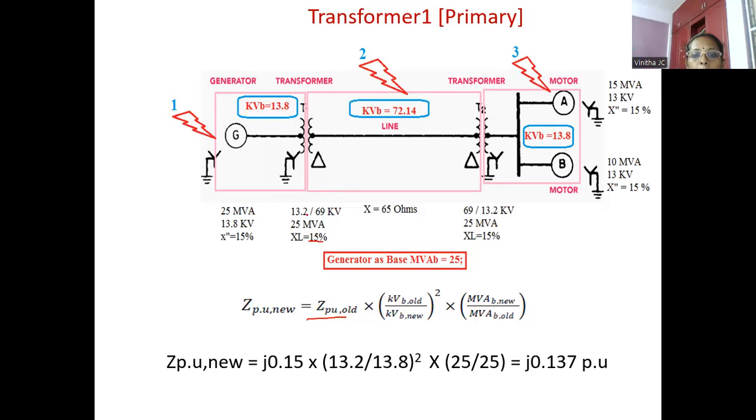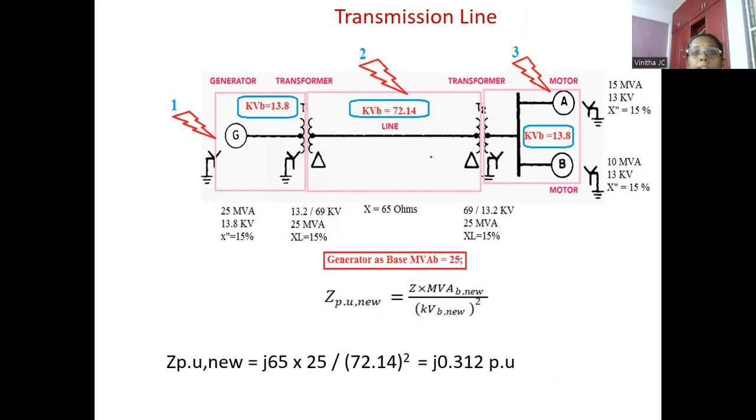So kVB old is 13.2 and kVB new is 13.8, the whole square, into MVAB new, which is 25, and for the transformer MVAB old is 25. If we simplify this, we will get the answer as j0.137 per unit. The next component is the transmission line. So here we have the transmission line.